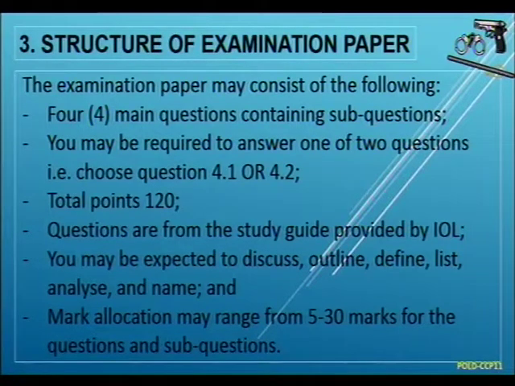You may be expected to discuss, outline, define, list, or analyze and name the various questions that come up. Mark allocations may range from 5 to 30 marks per question and sub-questions.